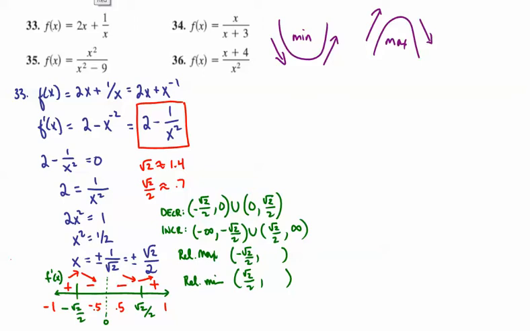Alright, let's see what we have. F of negative root 2 over 2 is 2 times negative root 2 over 2 plus 1 over negative root 2 over 2.